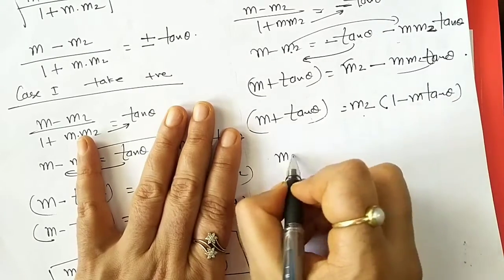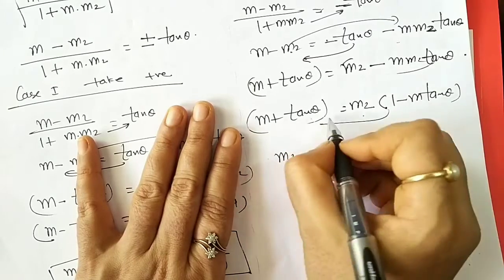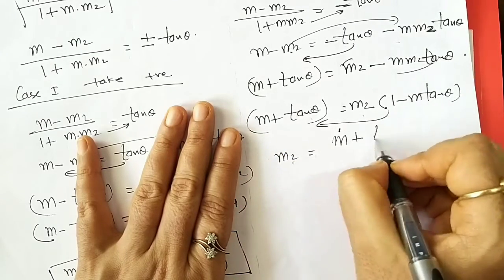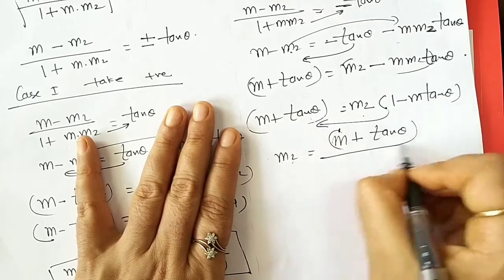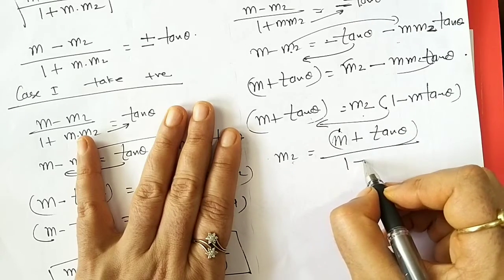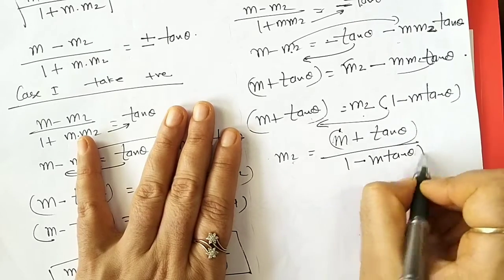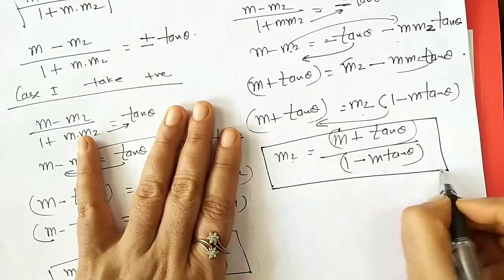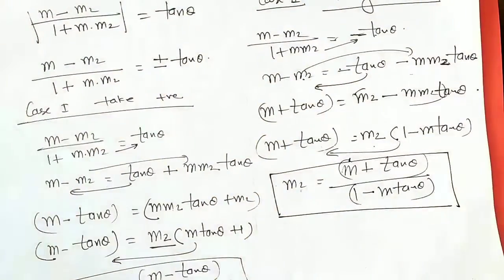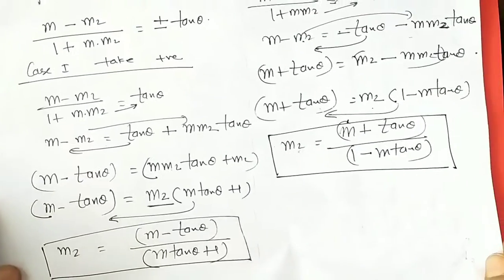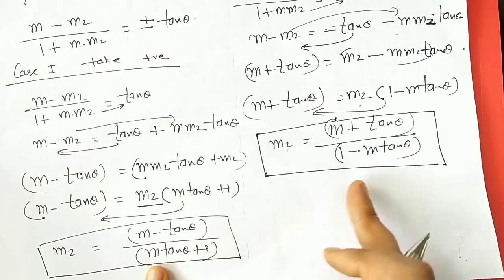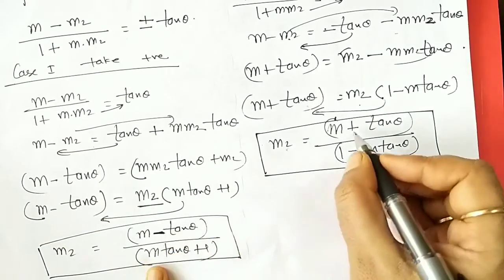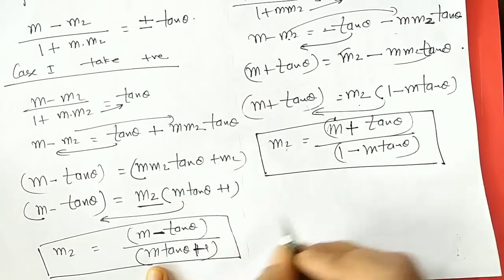So what is m2, guys? m2 will be this by this because this will come here. So m plus tan theta by 1 minus m tan theta. Okay, this is the possible value of m2. So that means, guys, I am getting these m2 values which are pretty similar. The only thing is, if here it is minus, here it is plus, and if here it is plus, here it is minus.